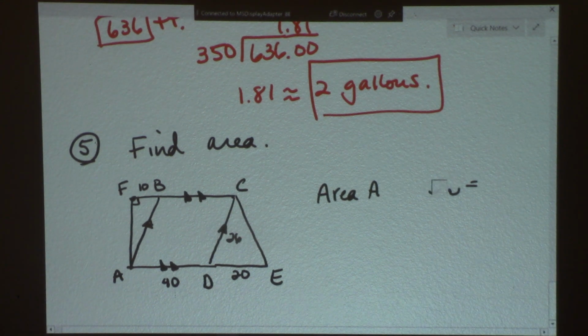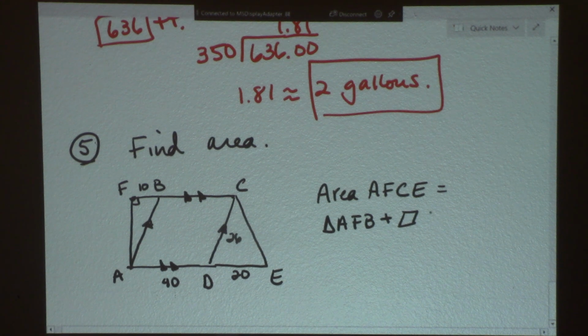Let's just do the corners: A, F, C, E. That is going to be the sum total of triangle AFB plus my parallelogram ABCD plus the triangle DCE.